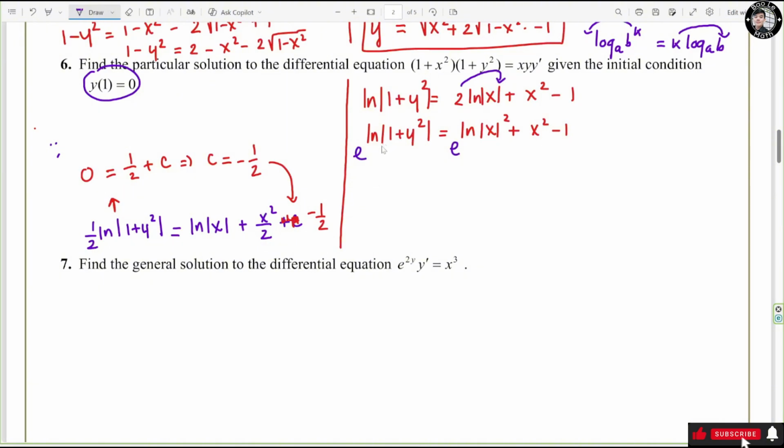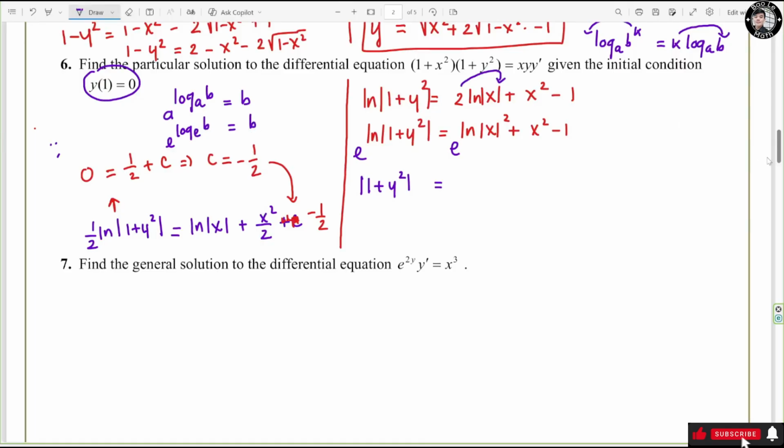So this becomes absolute value of 1 plus y squared. Remember the formula: a raised to the log base a of b equals b. Now ln means log base e, so e to the log base e of b equals b.